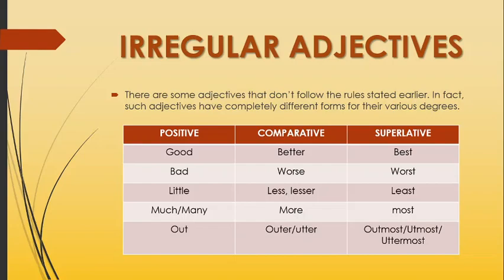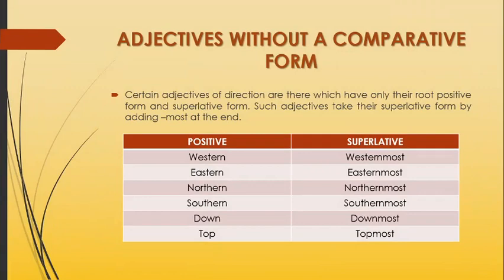Now let's talk about adjectives without a comparative form. You see, it will be wrong if we say that all the adjectives have their positive, comparative, and superlative forms. There are some adjectives, and these adjectives are mostly of direction. They don't have their comparative form. They have either their basic form or their extreme form, that is, their positive form and their superlative form.